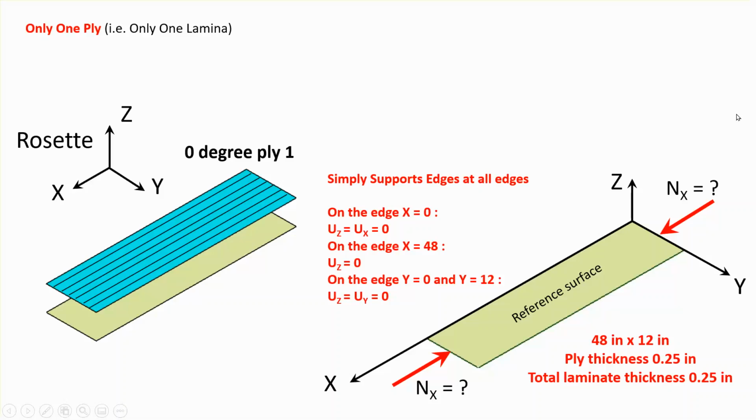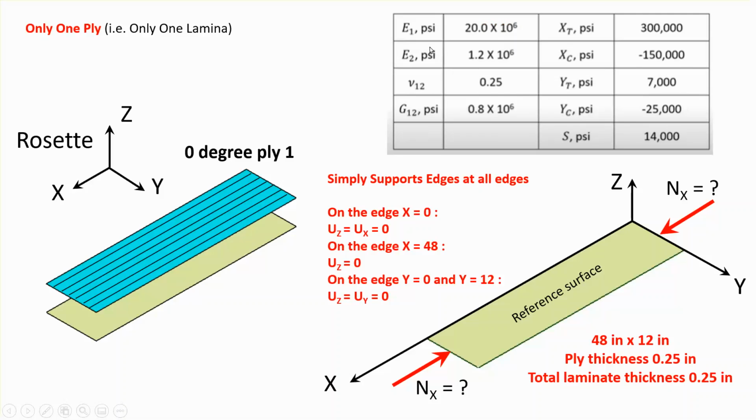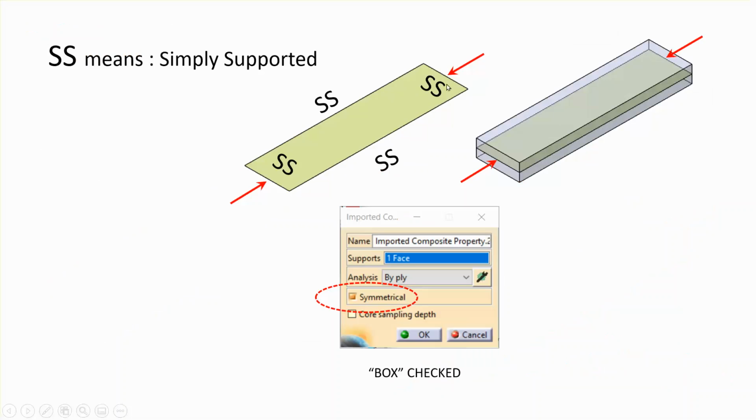Okay. Now, the material properties that I'm going to be taking are taken out of the East Carolina sequence of videos on composite materials. These are the ones. These are typical of carbon epoxy, and simple support means that the situation that we're dealing with later on when we import our composite properties, we're going to make it symmetric about that reference surface.